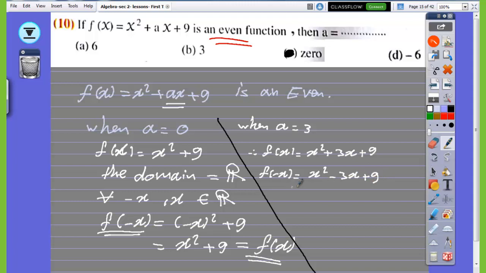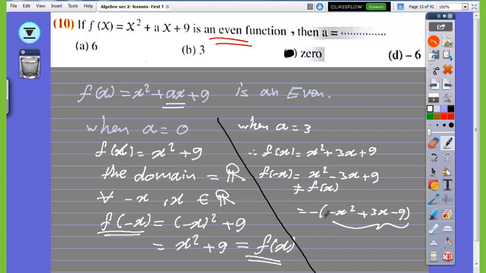It is not equal to f of x, so it is not even, right? When you take negative 1 as a common factor, we have negative x squared plus 3x minus 9. It is not equal to f of x.